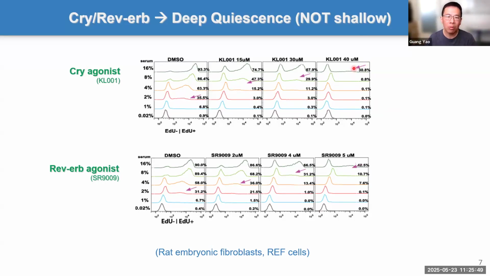You need more serum, meaning growth factor concentration, to push cells. Similar idea for RevERB. With the same dose I showed in an earlier slide, you see P21 is decreased. With removing the brake, however, you still need a stronger serum dose to push cells back into the cell cycle.